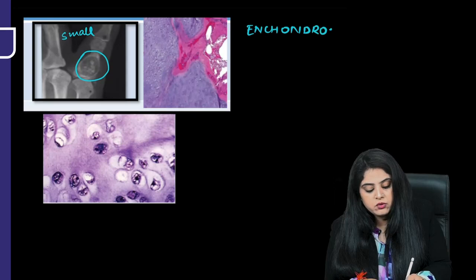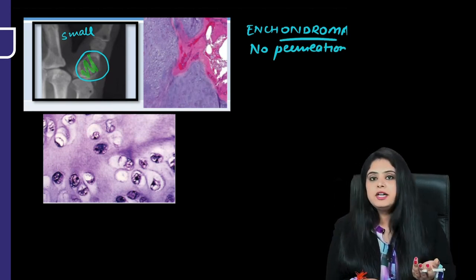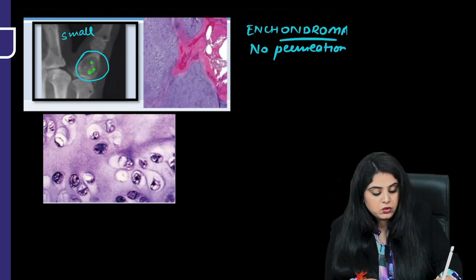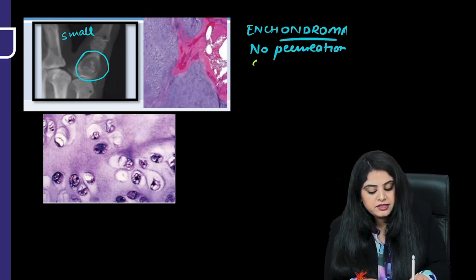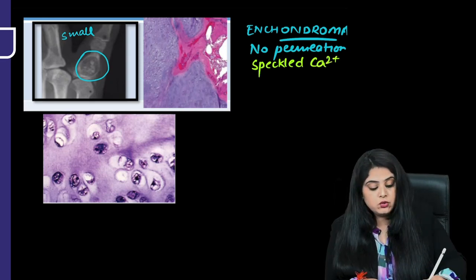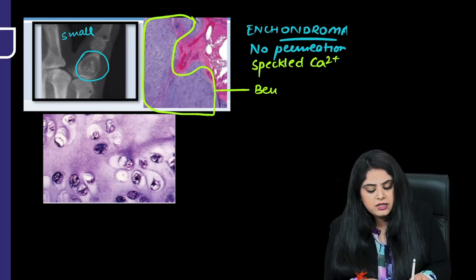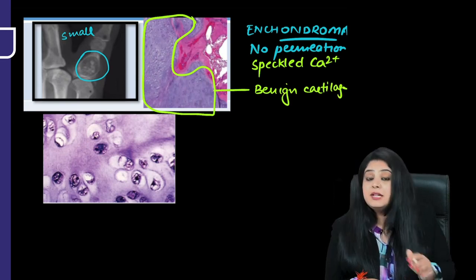So firstly, what I notice is that there is no permeation, and because it's cartilage, guys, it's all looking black because cartilage is radiolucent, but I see some dots over here. This means there is speckled calcification also that I can see. Speckled calcification noted, but no permeation. And over here, when I see, cartilage is blue in color, so I can see all benign-looking, innocent cartilage under microscopy. That is a benign tumor.